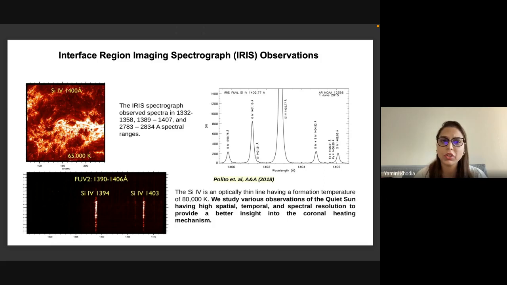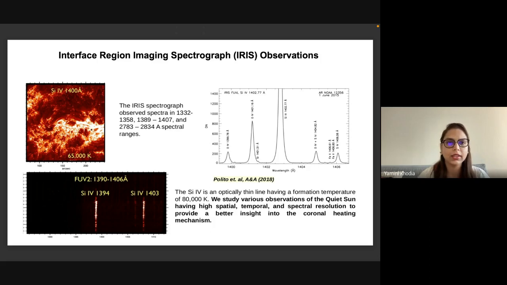Before moving on, this is the observation from the space-based instrument Interface Region Imaging Spectrograph, which gives imaging as well as spectroscopic observations. On the left panel is an image of a Silicon IV line, which has a formation temperature of 65,000 Kelvin, and generally forms in the lower transition region.